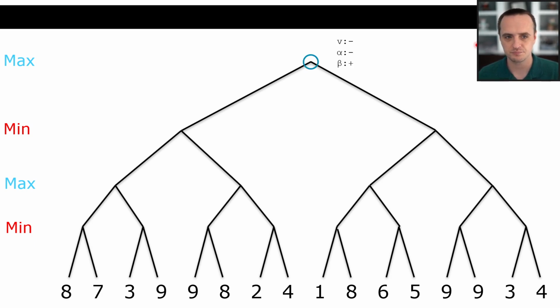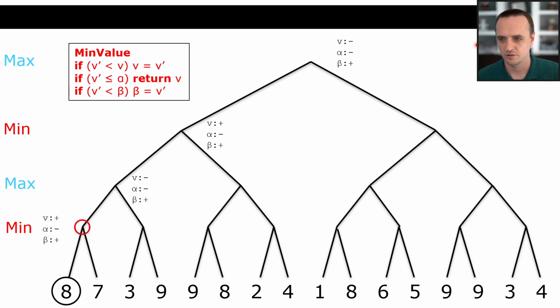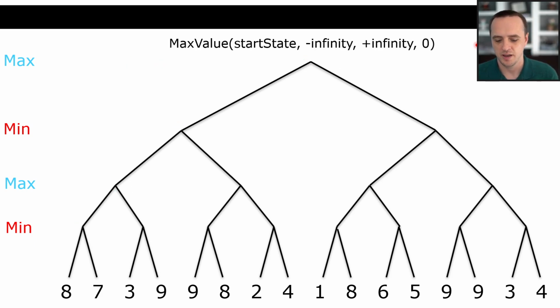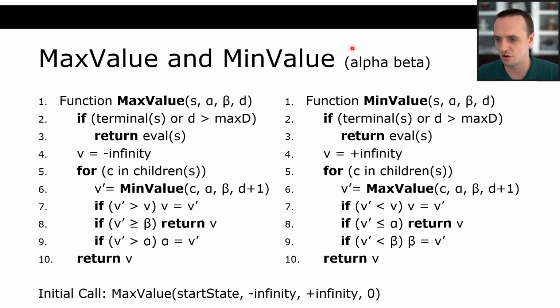Okay, here is what's going to happen. The min value and max value algorithms are going to be called. At the top of the tree, blue is max value, min is min value. So I essentially keep going down until I get to a terminal node.